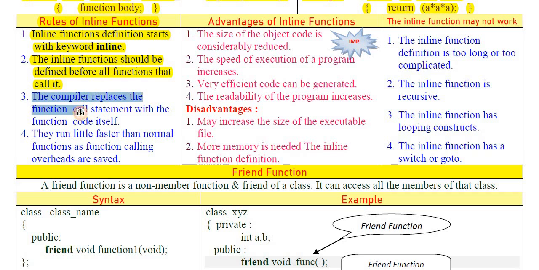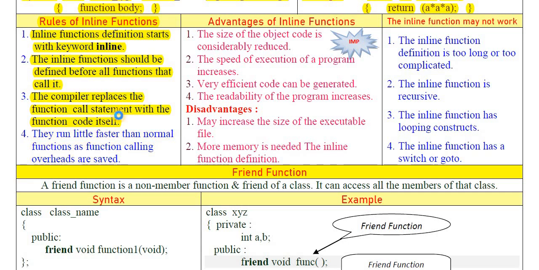The compiler replaces the function call statement with the function code itself, meaning the body of the inline function will be copied to the place from where we are calling this function. Then they run a little faster than normal functions as function calling overheads are saved. Means as compared to normal functions, inline functions are executed faster.